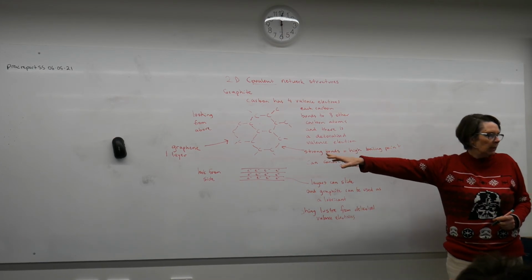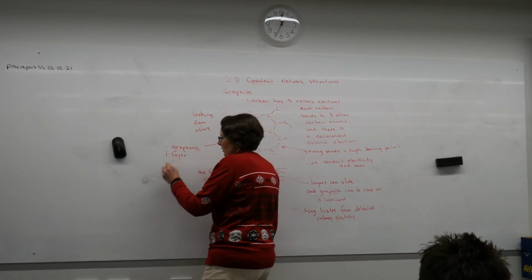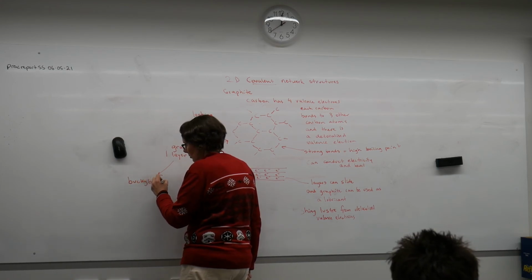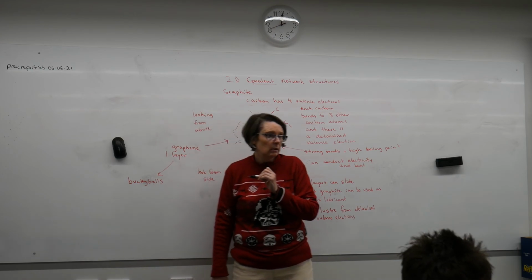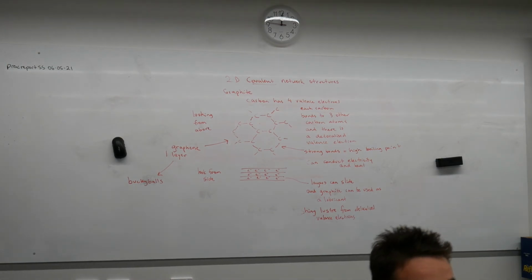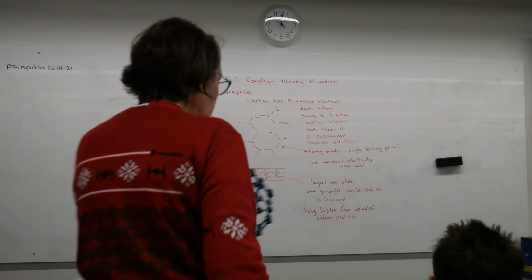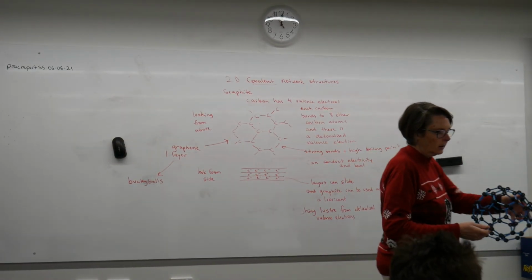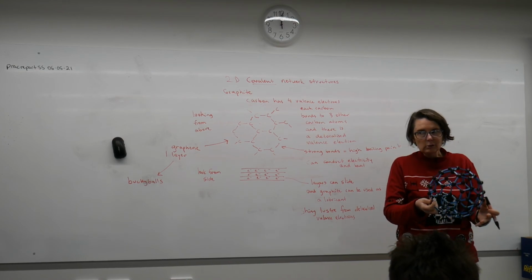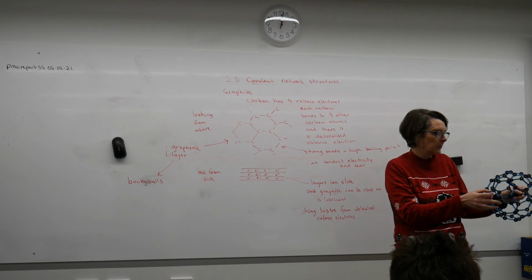Because from this we've been able to then expand on graphene, and we can make buckyballs. Have you heard of buckyballs? No? Good. This is a buckyball here. All the black balls on this are carbon atoms again, and the bonds are the blue sticks between them, and it looks a lot like a soccer ball because it's the same bonding arrangement.